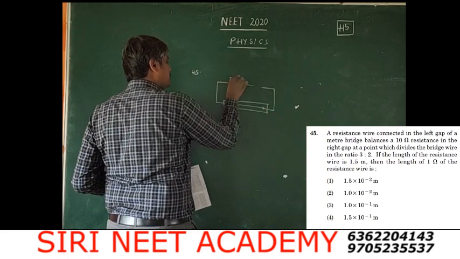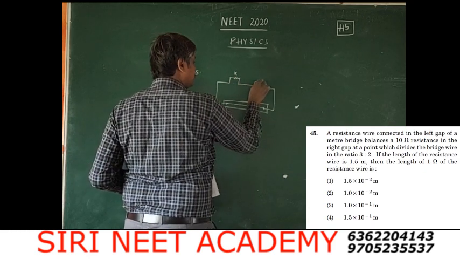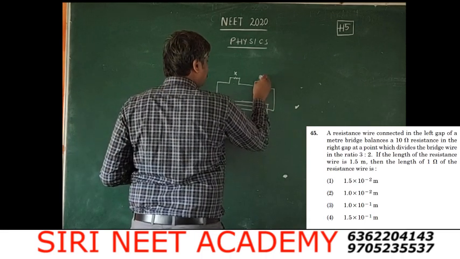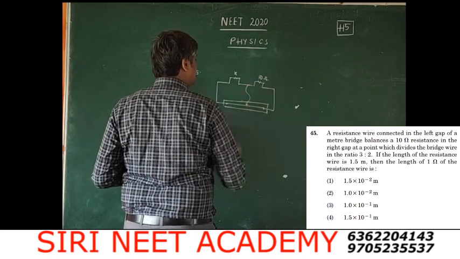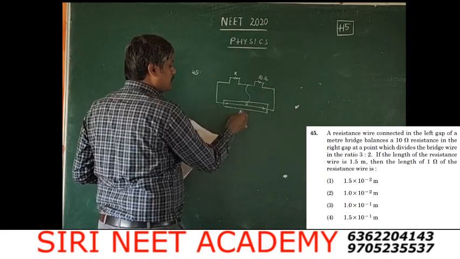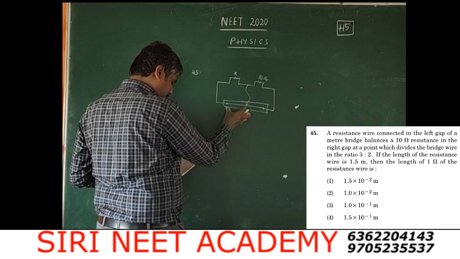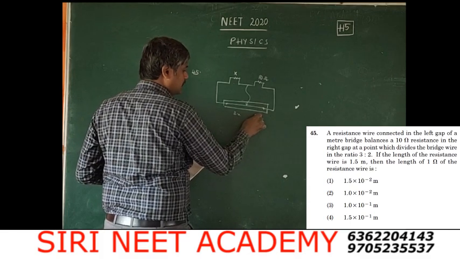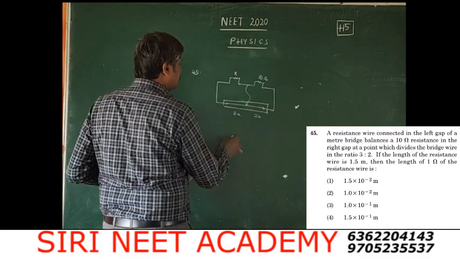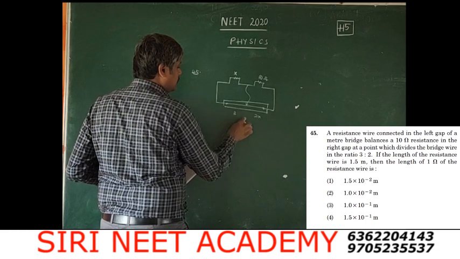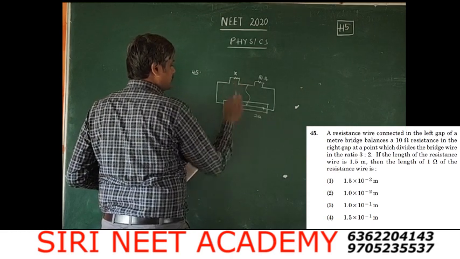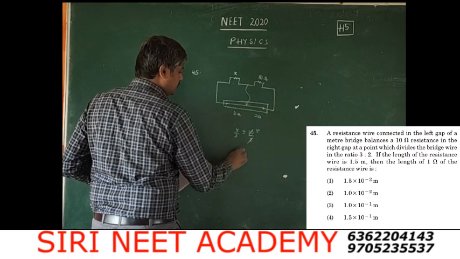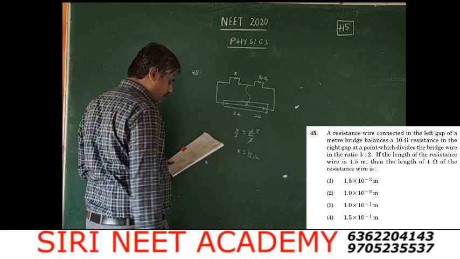Here, unknown resistance X has been connected, and here 10 ohm, and the jockey is like this. So this jockey divides the meter bridge wire in the ratio 3 is to 2, so this will be 3a and this will be 2a. So X by 3 is equal to 10 by 2, so X is 15 ohm. So the resistance of the unknown resistance is 15 ohm.